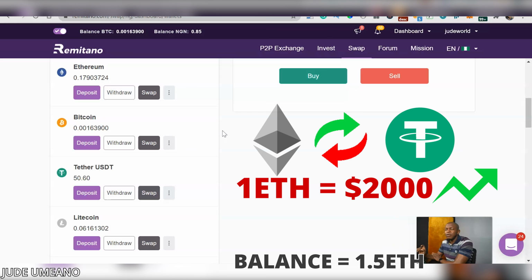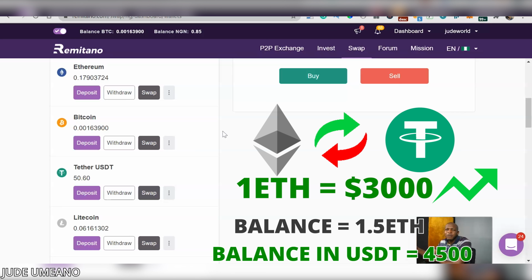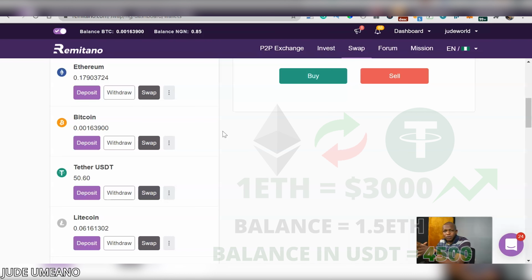Now the next time Ethereum gets to $3,000 for one Ethereum, instead of having $3,000 worth of Ethereum, you'll have $4,500 worth. So that way you are actually increasing the number of ETH you have, and the total value of your portfolio. That is one way of using the swap feature to quickly trade on the Remitano platform.